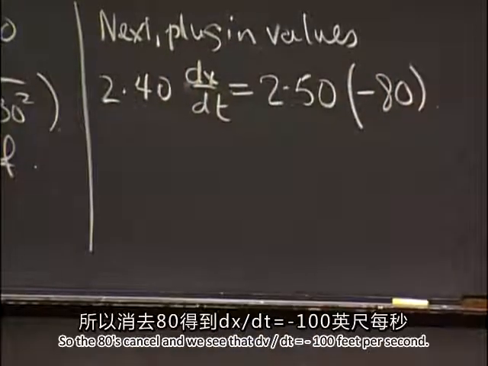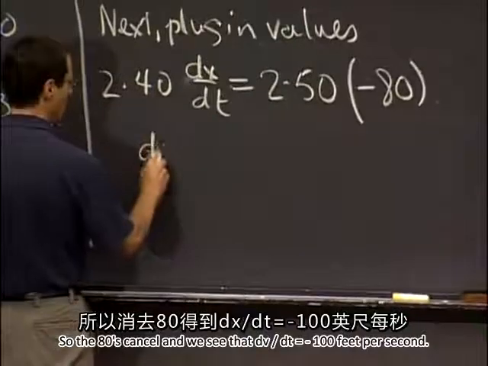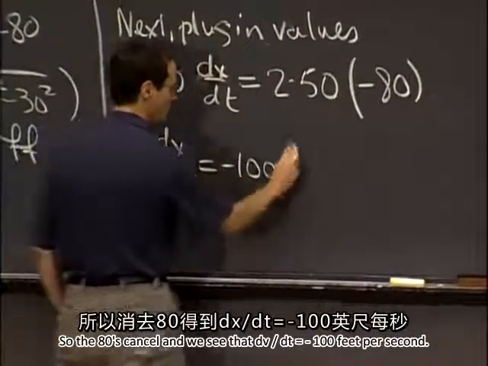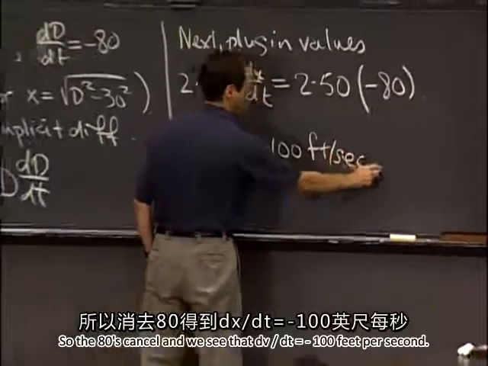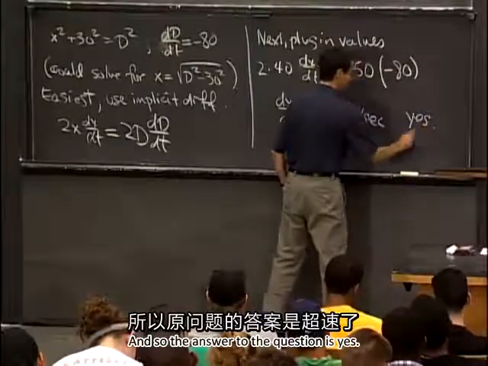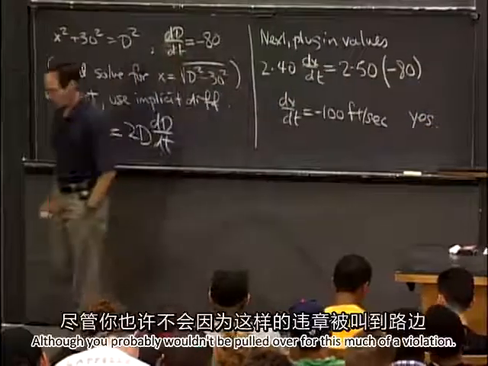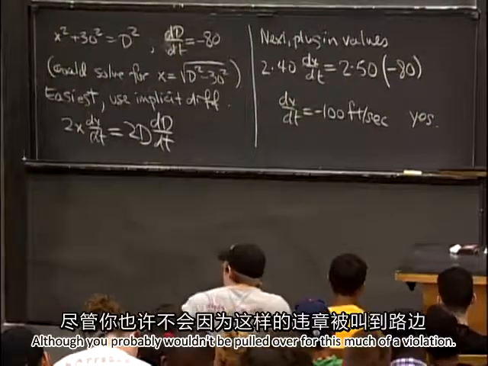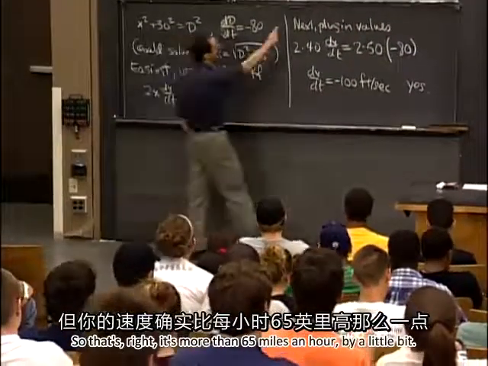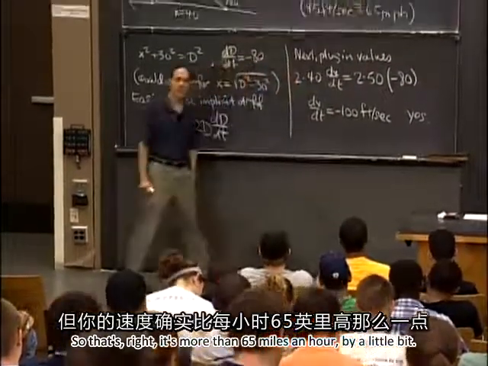All right? So the 80s cancel, and we see that dx/dt is equal to minus 100 feet per second. And so the answer to the question is yes. Although you probably wouldn't be pulled over for this much of a violation. All right, so that's right, it's more than 65 miles an hour by a little bit.